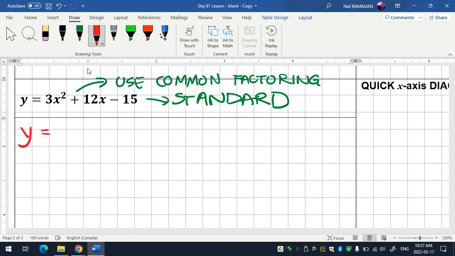What number did we say they all divide? So what do you do with the 3? You take it out. You write it first. Okay, what do we do now? What's 3 divided by 3? 1. What's 12 divided by 3?